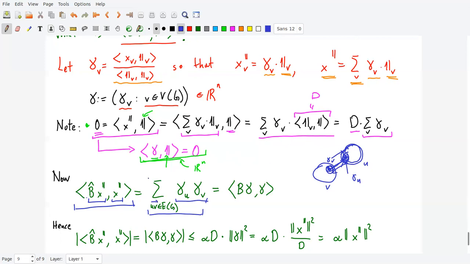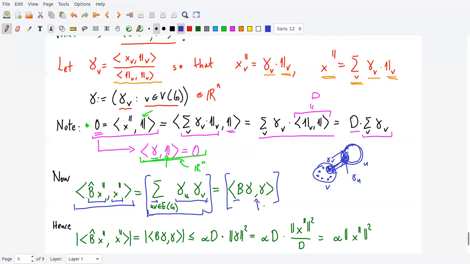But this is nothing else than the same process of sending the gammas to the neighbors in the graph G. It's just that it is now distributed among the different endpoints corresponding to one vertex v from G. So this is the same as the cross product of B gamma times gamma.